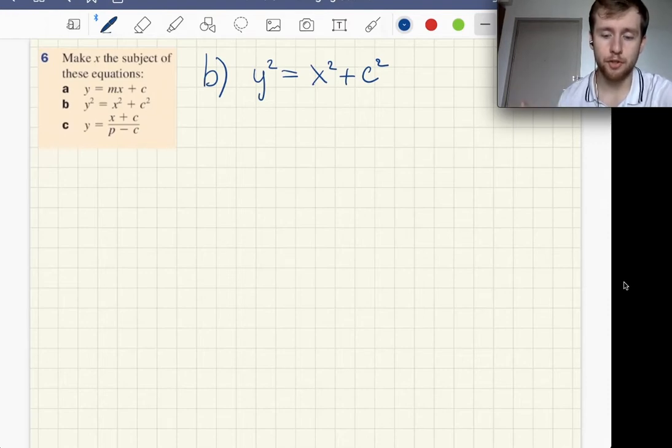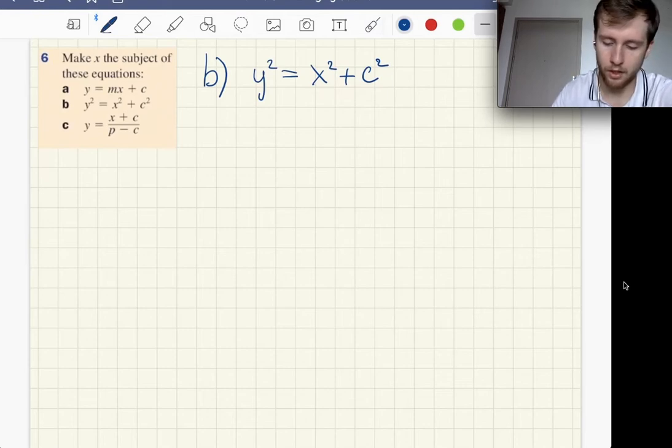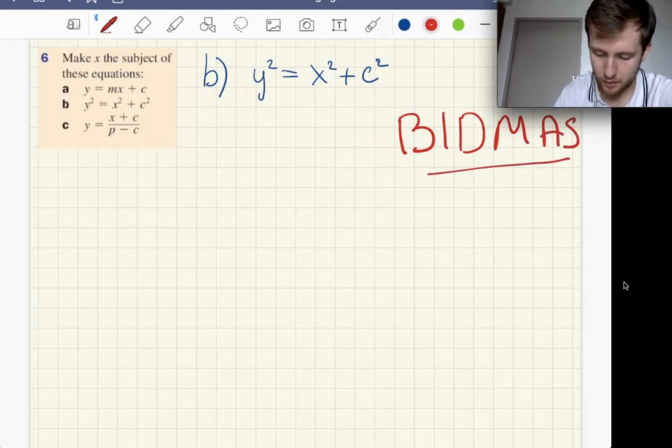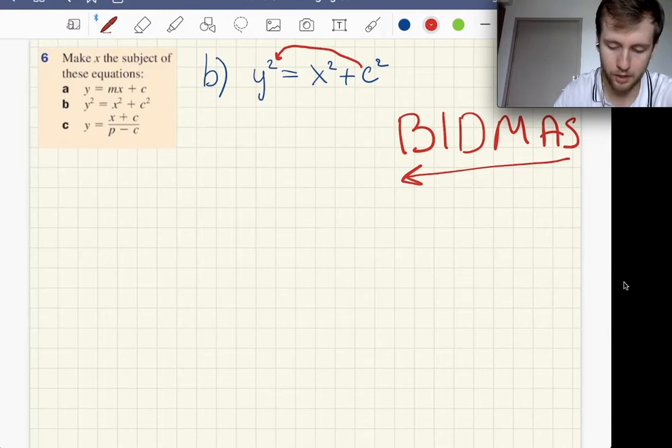So again, first we get rid of plus. I will write it again for you. Okay, it's not gonna fit there. Let me write it here. Plus, but opposite of plus. So what we do first is we take away the c squared, which has plus next to it.